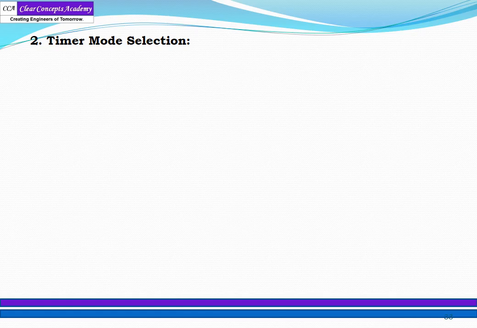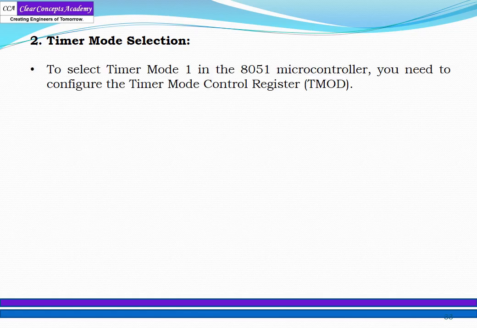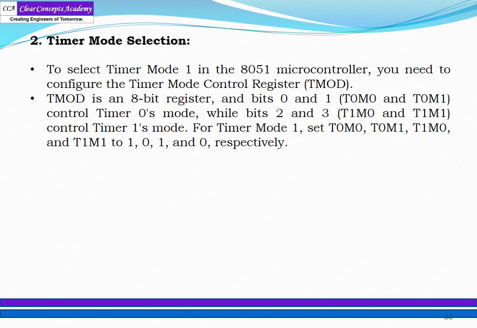Timer mode selection: to select timer mode 1 in the 8051 microcontroller, you need to configure the timer mode control register, that is the TMOD register.